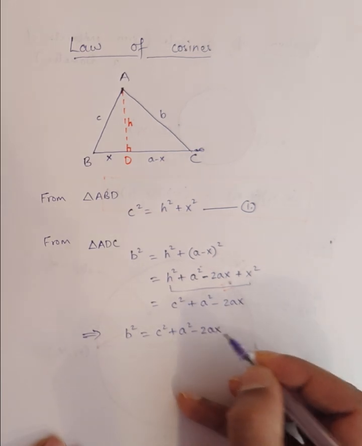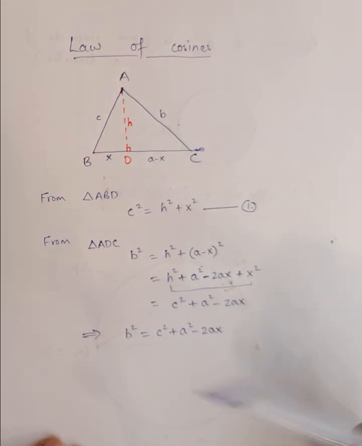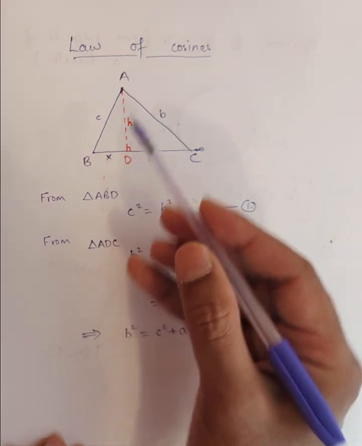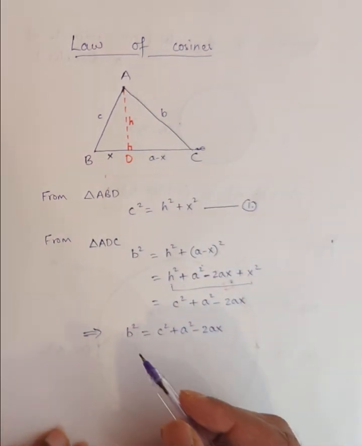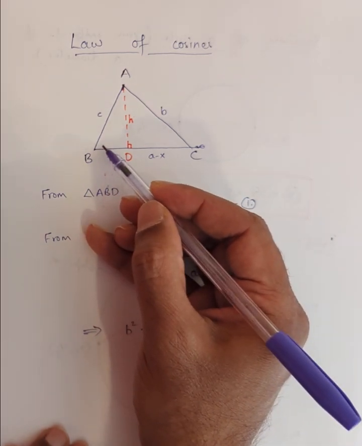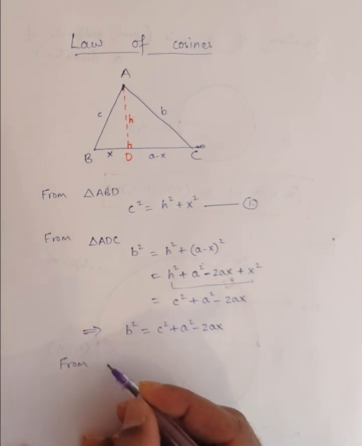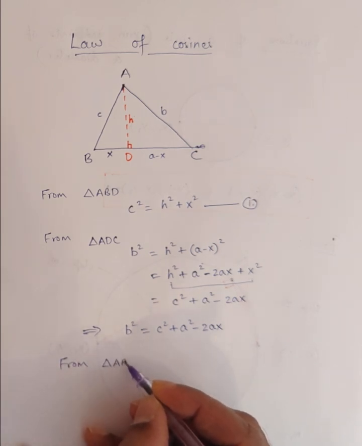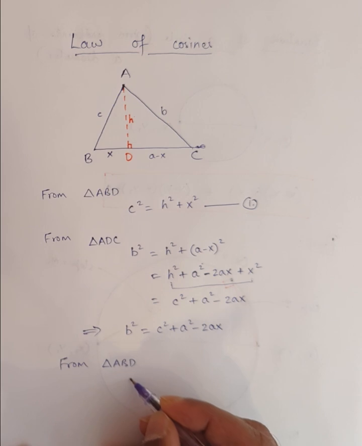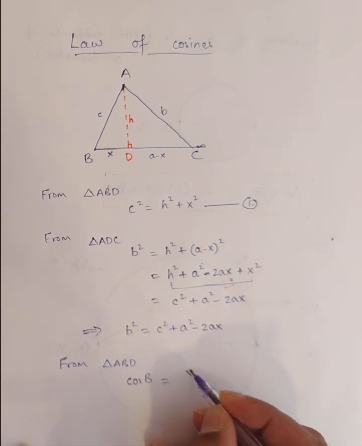So let's rewrite our b square is c square plus a square minus 2a, x, but I intend to change x to something in terms of ABC. And notice, again from triangle ABD, I know this angle is B. So from triangle ABD, if you look for cos B, that's going to be x over c.